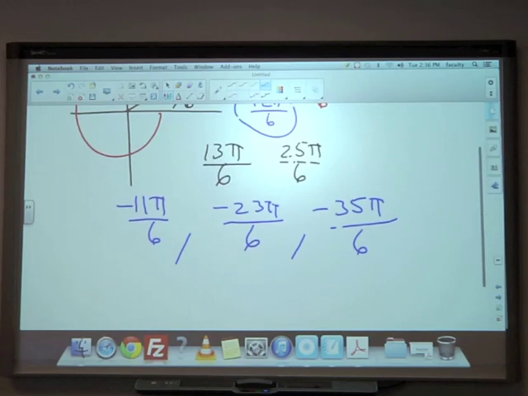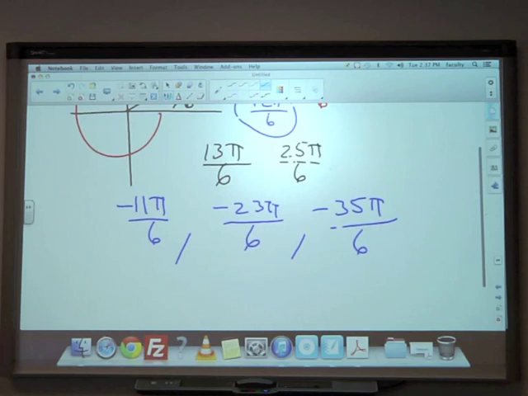And they are all coterminal. They all get you to exactly the same spot. So whether it's in degrees or radians, it's easier in degrees because that's just adding plus or minus 360. That's easy. But you should also be able to do it in terms of radian measure.